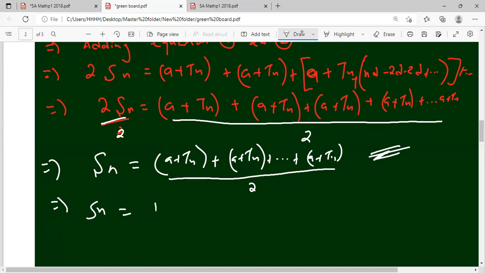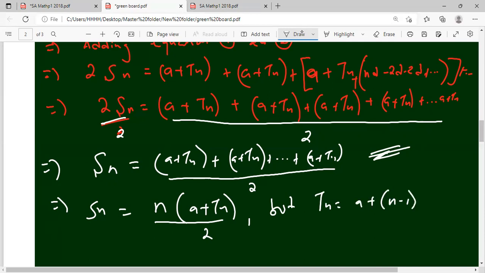We're going to say n, I don't know how many there are, times A plus Tn. If there are 3, it will be 3 times that. Divided by 2. But we need to remember that the general formula for Tn is equal to A plus n minus 1 d. This one I think we remember.